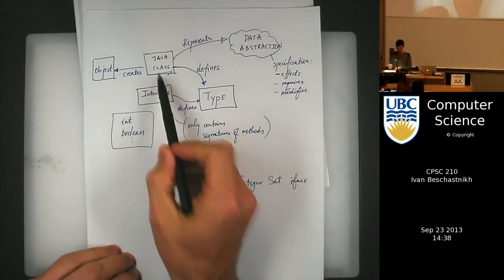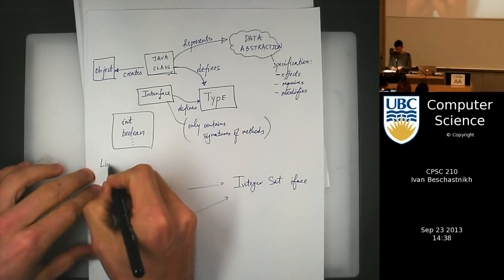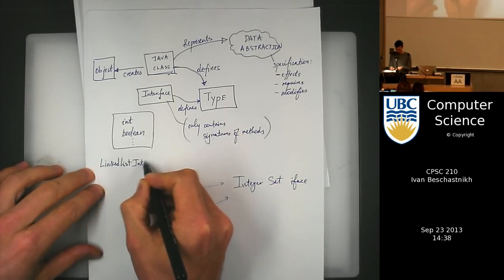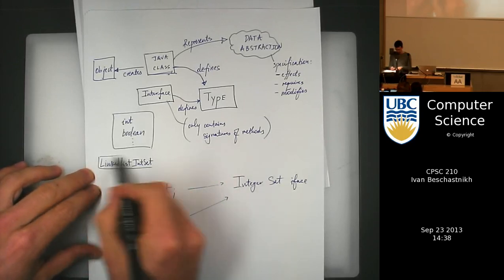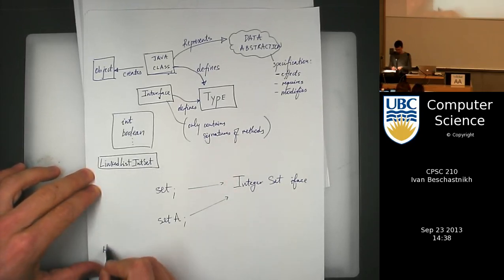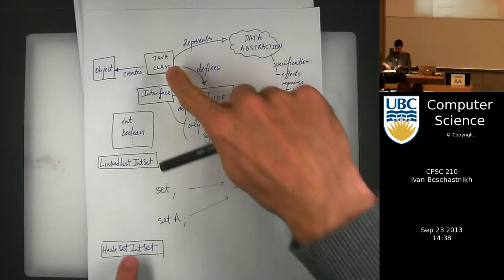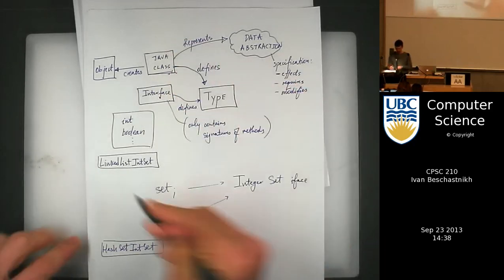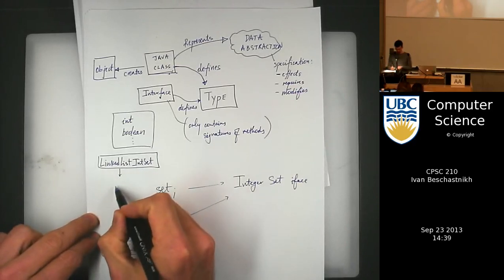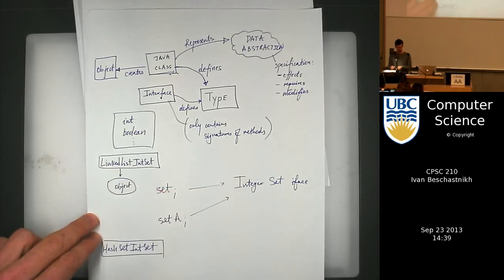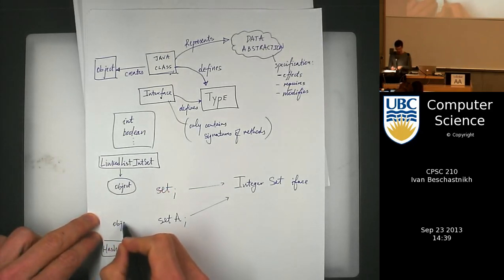So I have the linked list integer set and I have the hash set integer set. So these are classes, right? And when I'm creating things, I'm creating objects. I have some object that's going to be my linked list version, and a different object that's going to be my hash set version.